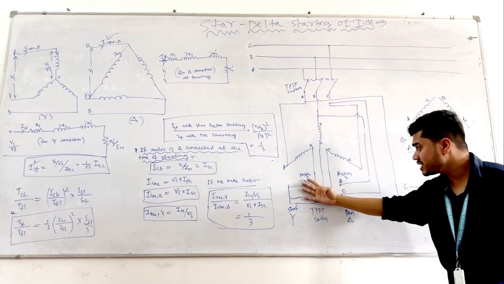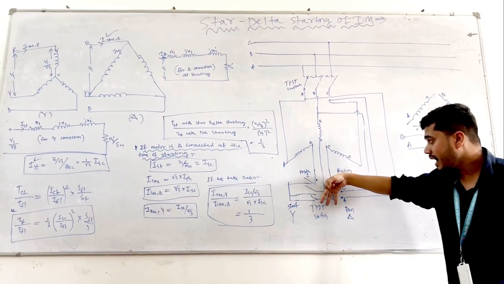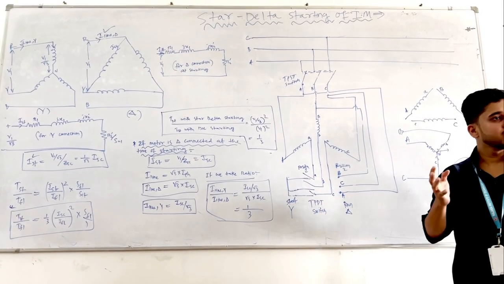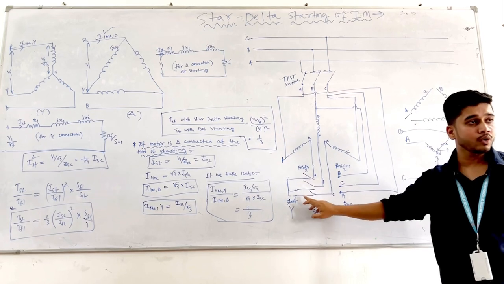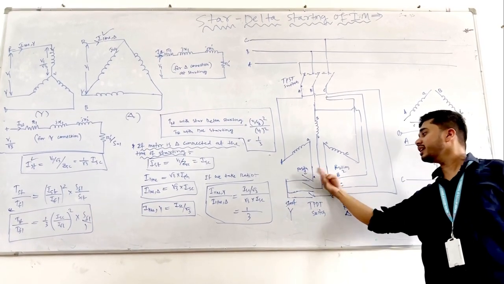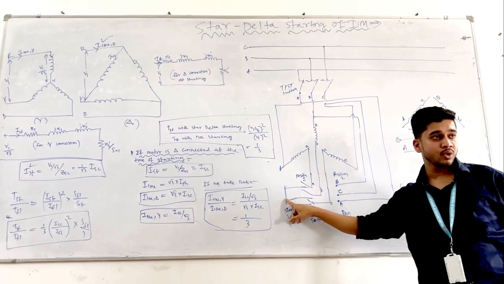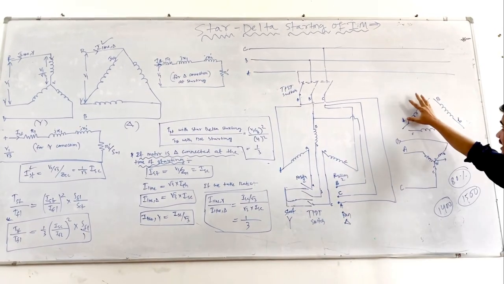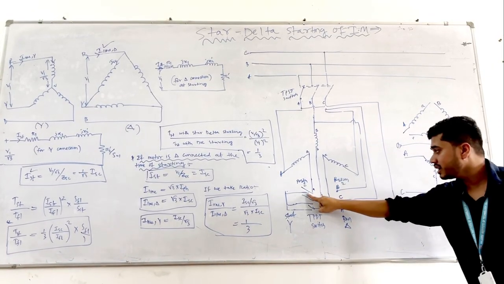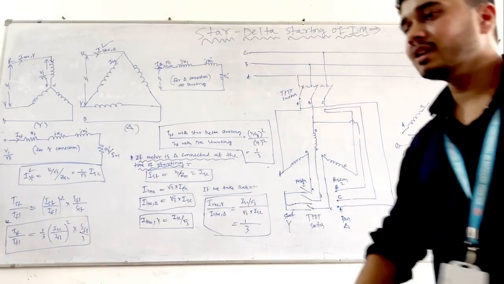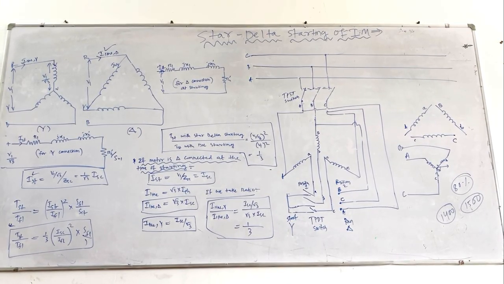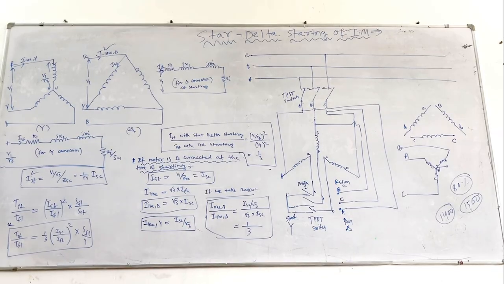When these 3 switches move, they are no longer shorted. This shorting is not available now, because you are moving the switch from this side to this side. So it is open, and the 3 windings are free.